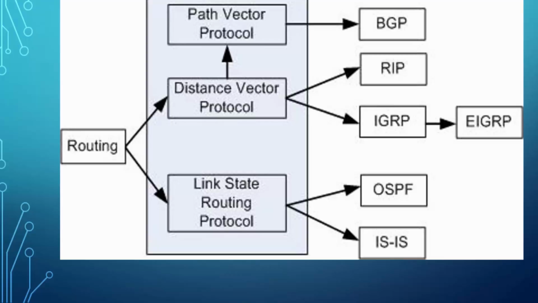We are going to see EIGRP, the Advanced Distance Vector Protocol, and RIP v1, v2, and ng. From the link state protocols, we have two options, two flavors: OSPF and IS-IS. No, ISIS doesn't stand for the terrorist group, guys. But we are going to be focused on OSPF and EIGRP. Got it? Yes.